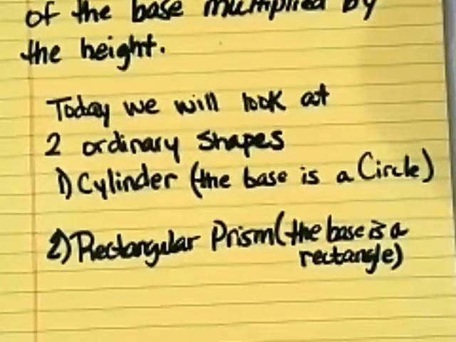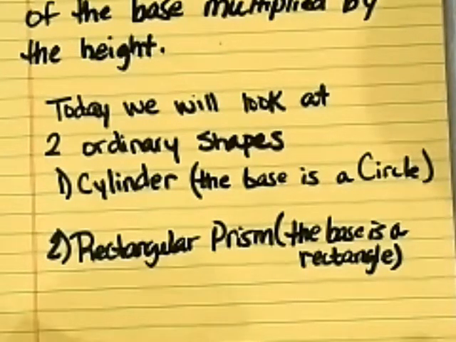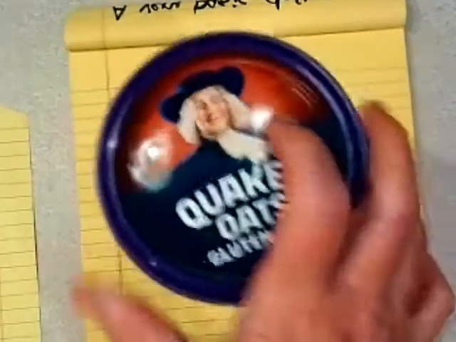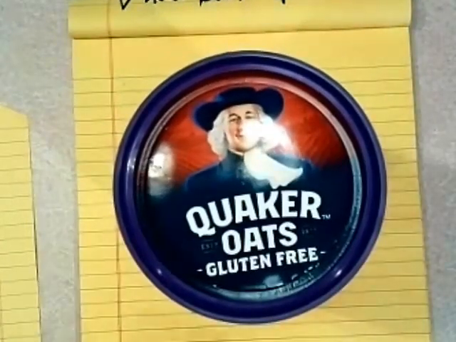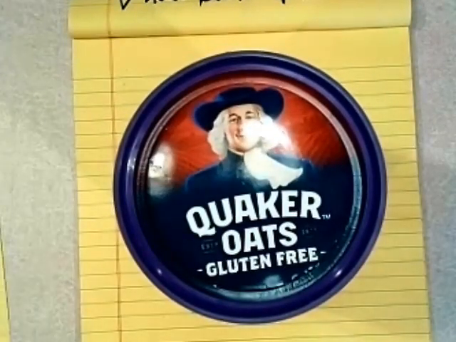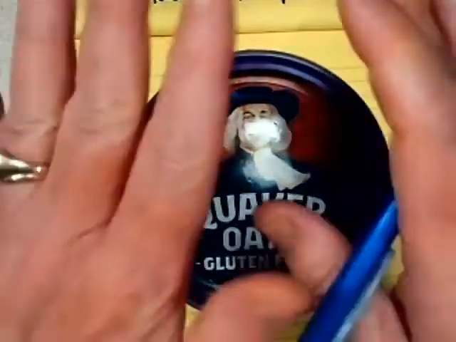Today we're going to look at two ordinary shapes, a cylinder where the base is a circle and a rectangular prism where the base is a rectangle. So let's start with our cylinder. I'll zoom out so you can see what I'm doing. What we need to do first on the cylinder is find the area of the base.